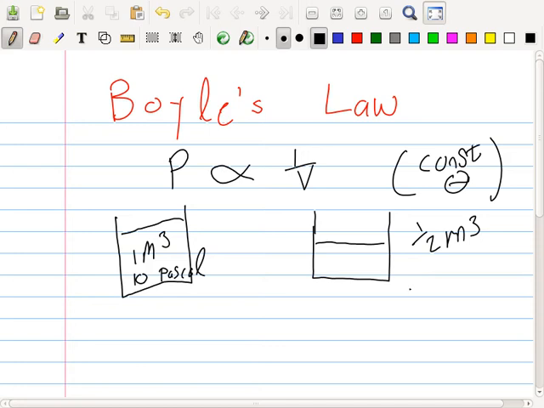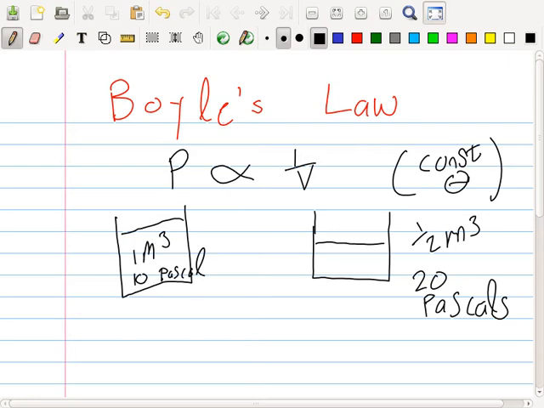It will double, 20 pascals. This is essentially Boyle's law: pressure is inversely proportional to volume.